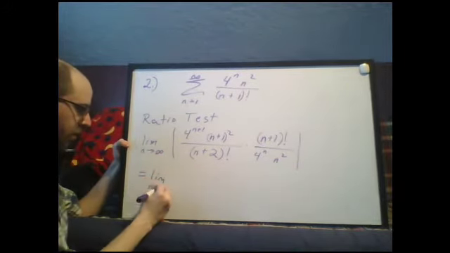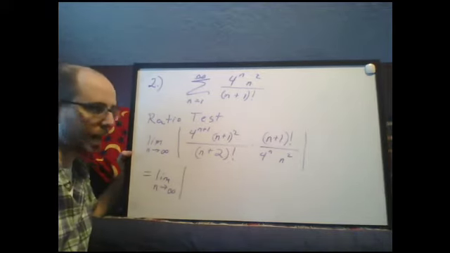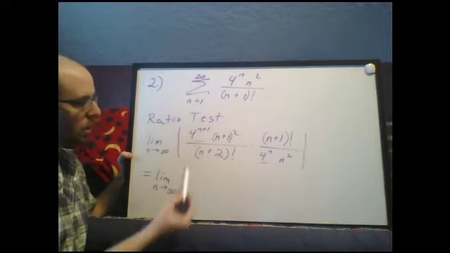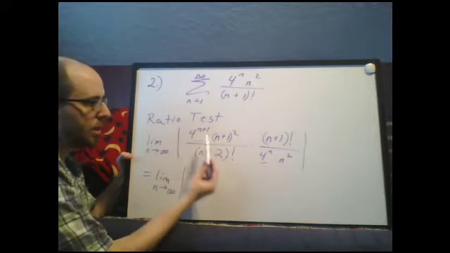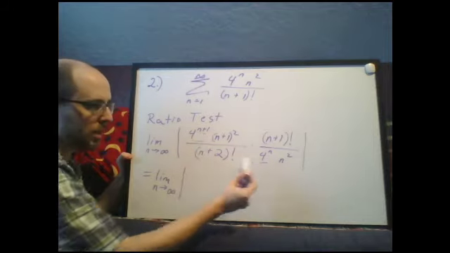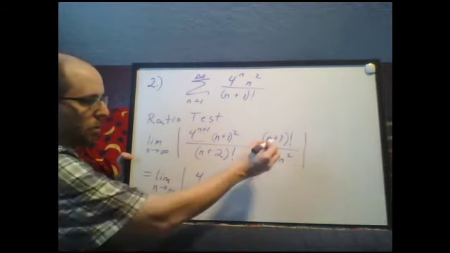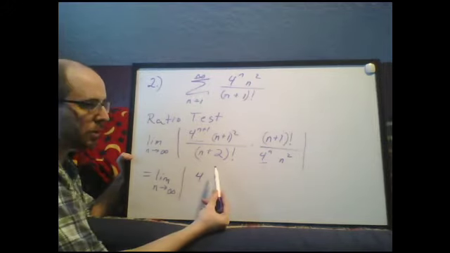All right, then in the ratio test, we tend to do a lot of cancellation so that you cancel corresponding pairs. 4 to the n plus 1 divided by 4 to the n. Well, there's one extra 4 up here. So subtract the exponent, n plus 1 minus n. That gives me 4. Do the factorials next. N plus 1 factorial divided by n plus 2 factorial.